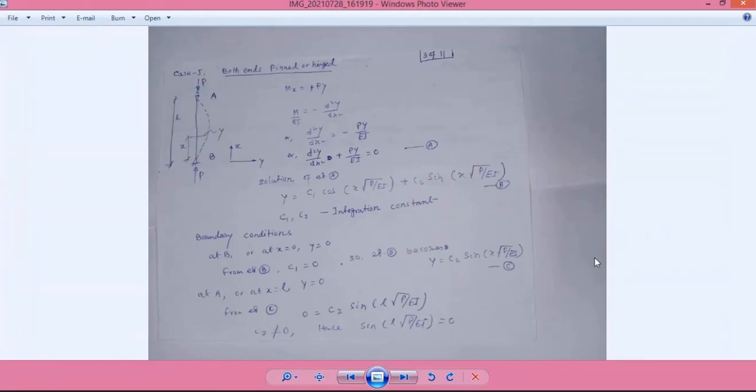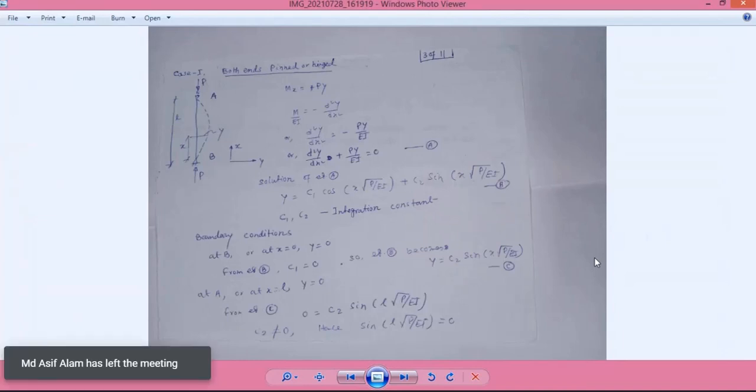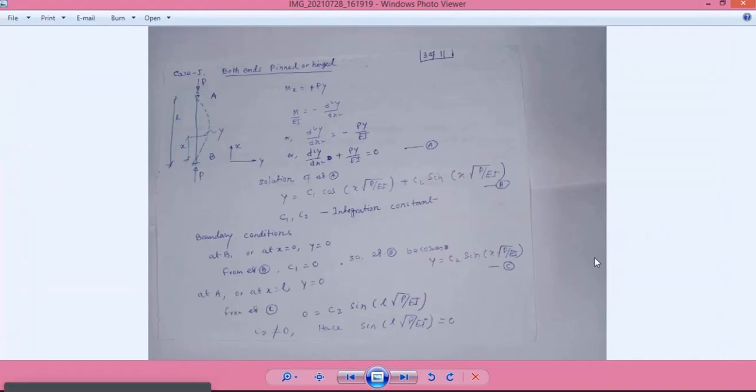We consider the x-axis along the length of the member, and the y-axis perpendicular to the member axis. At the distance x, after deformation, the deflection at the point x is y.